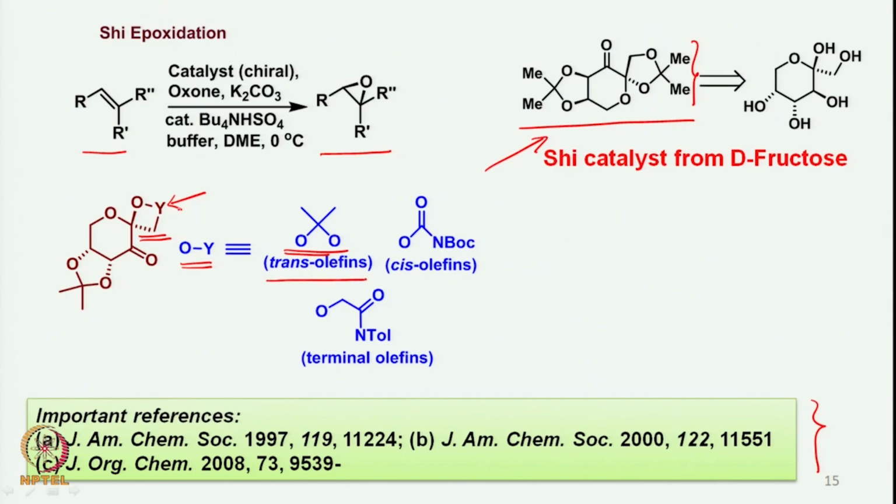If we change the substituent there and make it like N-Boc here, this is found to be more useful for the cis olefins, and if we have this N-tolyl here, then of course it is useful for the terminal olefins. The mechanism and the transition states are somewhat complicated, so I would not like to discuss it here, but one can check these references and get to know how this affects the corresponding olefins.